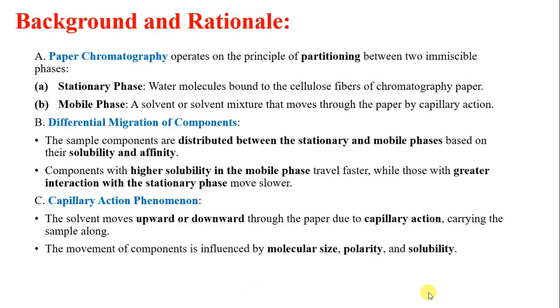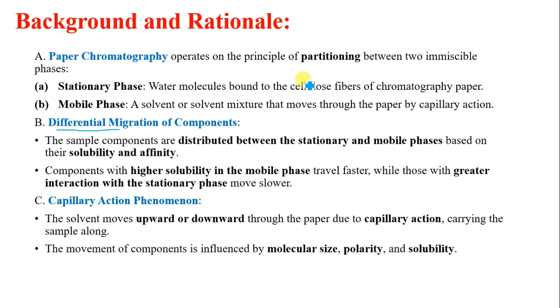Now, as I've already discussed, why do we say differential migration? Differential migration means there is a difference between the affinities for the stationary phase and the mobile phase. If the compounds in the mixture have high affinity towards the stationary phase, they will interact better with the cellulose and therefore will not migrate properly with the solvent.